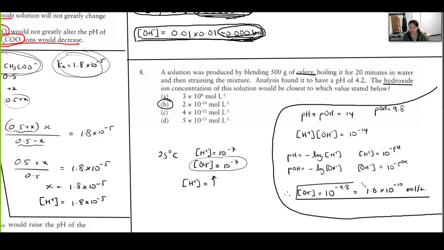So the amount of hydroxide is even less than it is in neutral water. Does that make sense to you? Because this times this has to be 10 to the power of negative 14. But anyway, this one is I think a stupid question because it doesn't tell us what temperature it is.